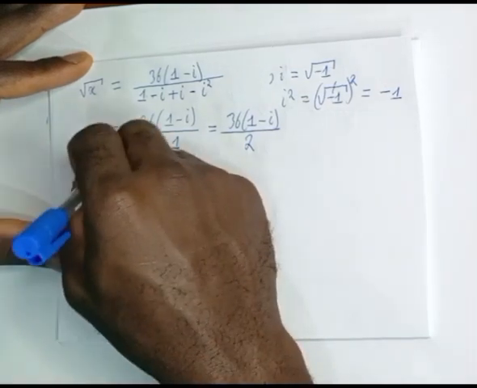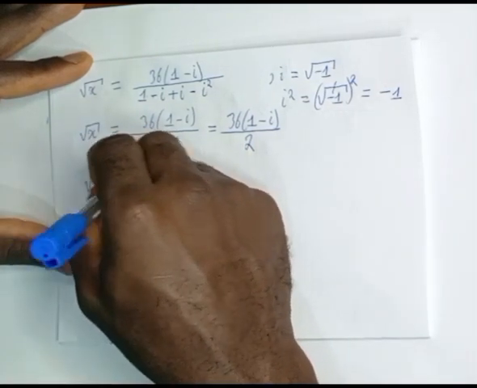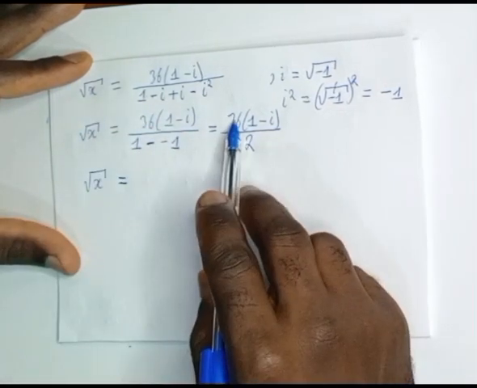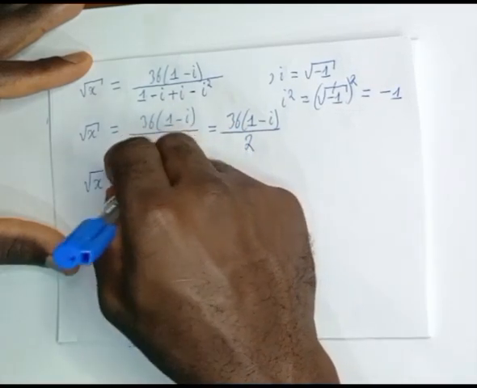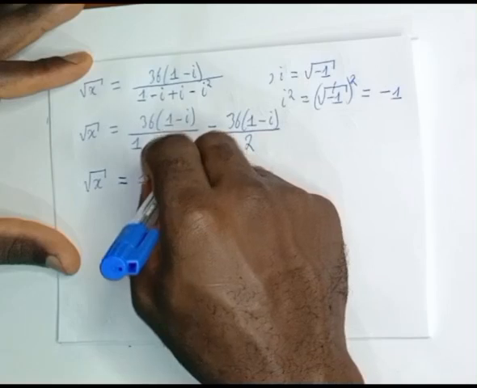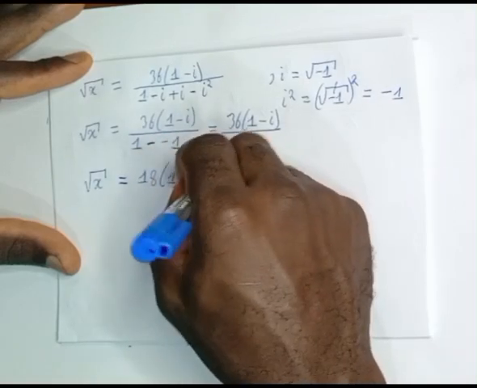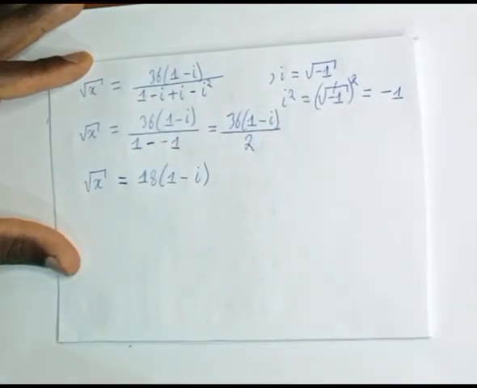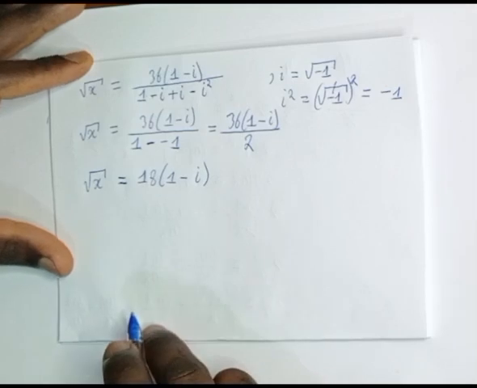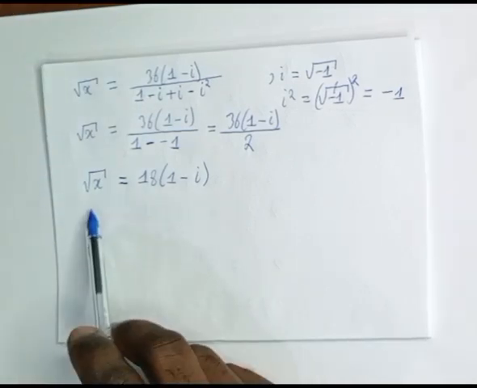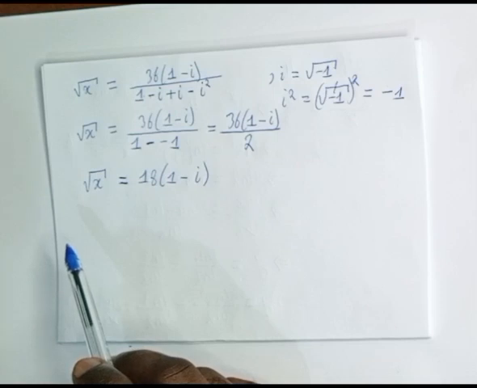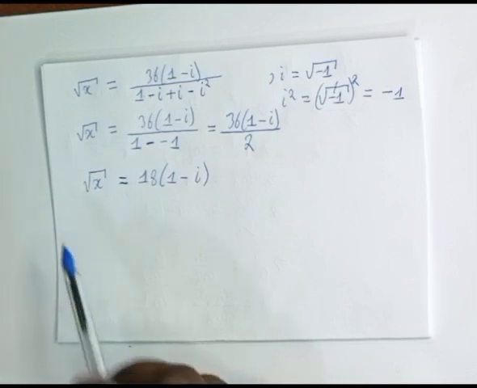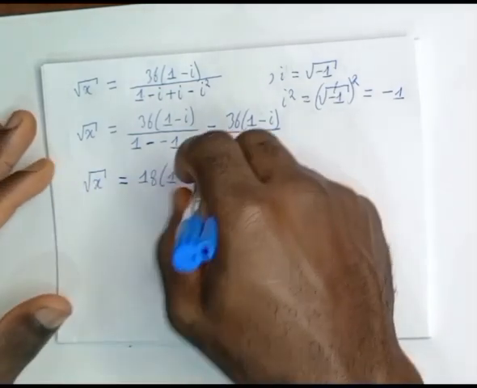This will give us the square root of x to be equal to 36 divided by 2 gives us 18 times 1 minus i. Next step, for us to get the value of x, we are going to square both sides, that is the left hand side and the right hand side, so as to eliminate the square root sign.